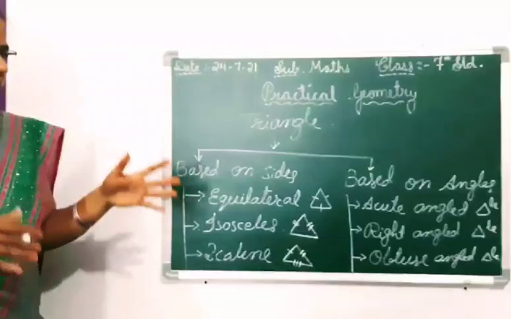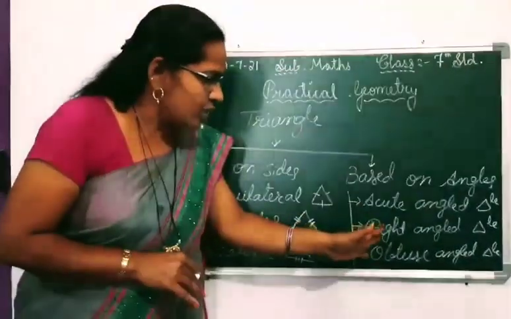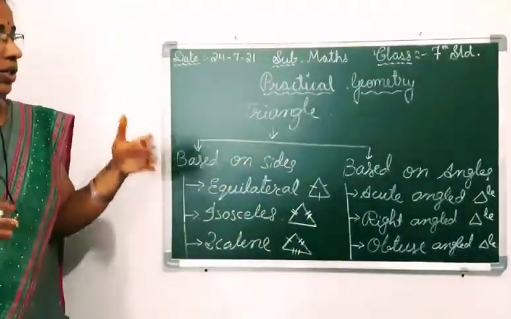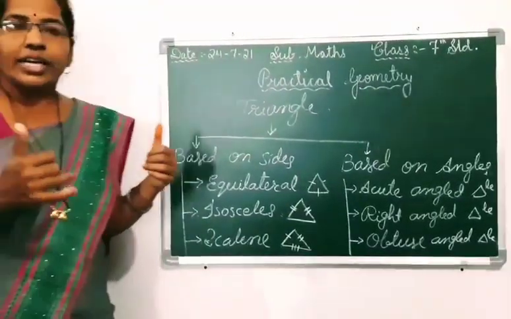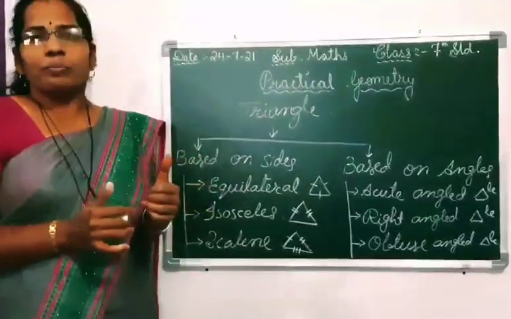Then one thing I will do. Before explaining the acute, right and obtuse triangles, I would like to explain the acute angle, right angle, obtuse angle, then straight angle, a reflex angle and a complete angle.